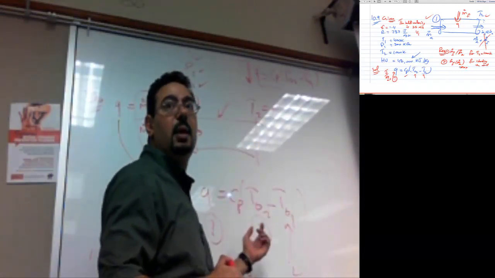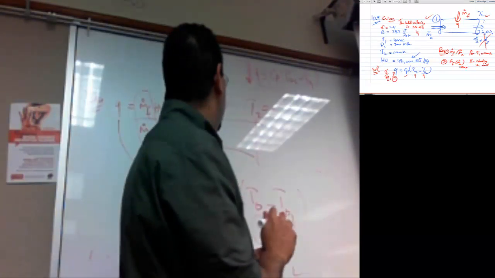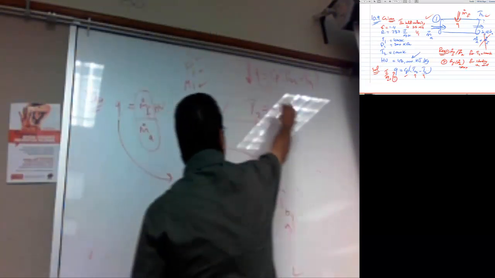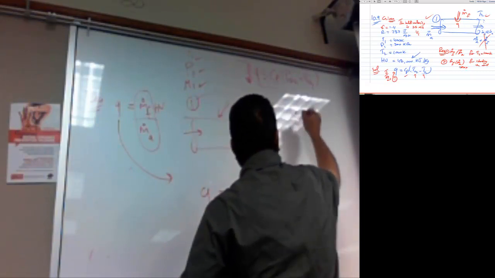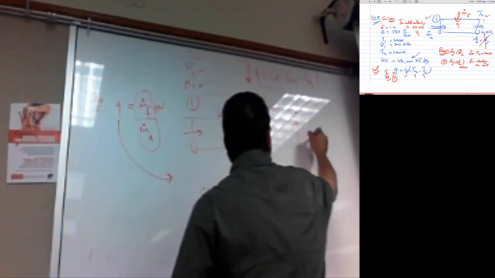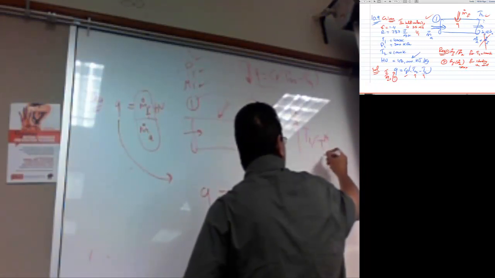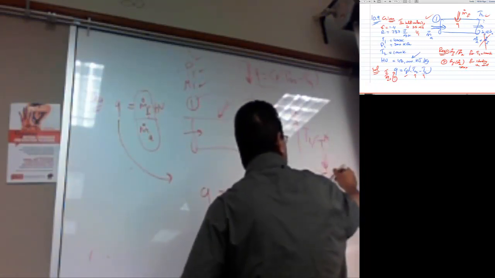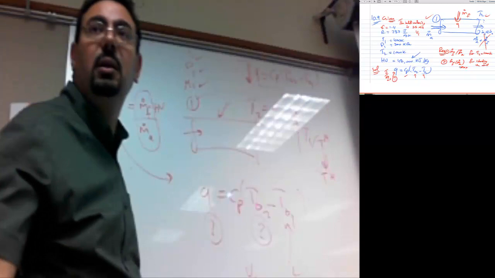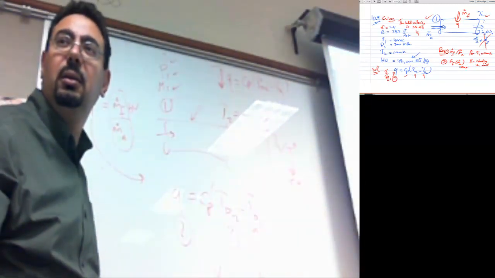Using T star from M1. That's a great idea. So from M1 we can get T1 over T star, and this allows to calculate T star, right? And then you use the same T star and we'll go back.